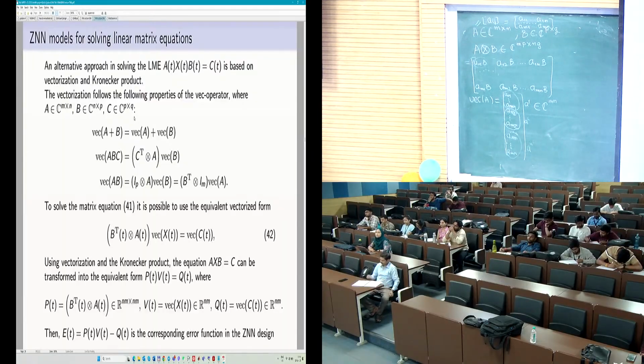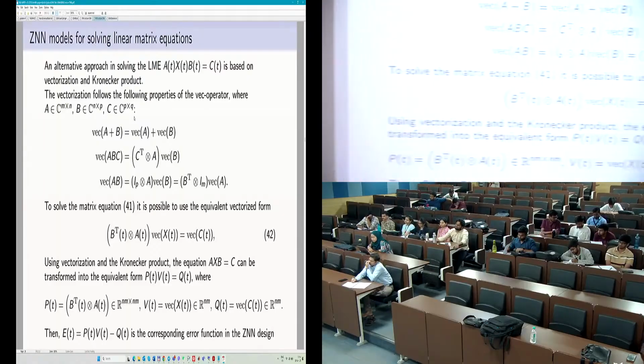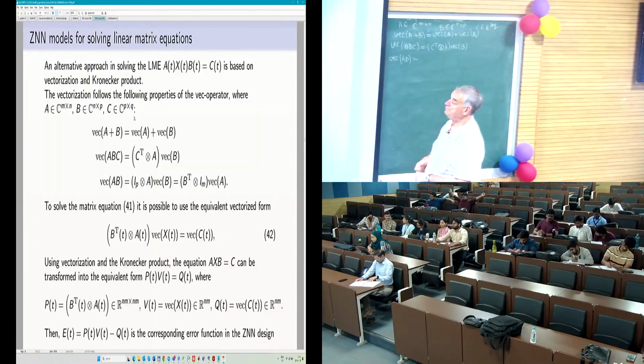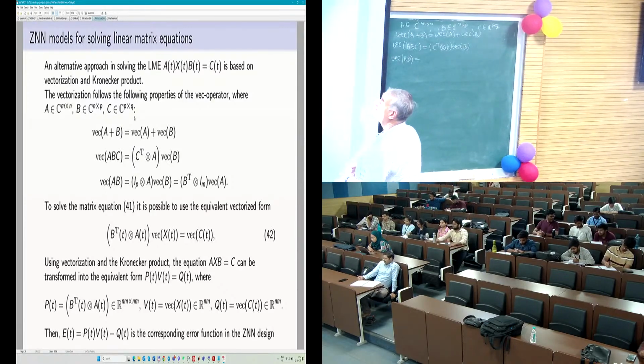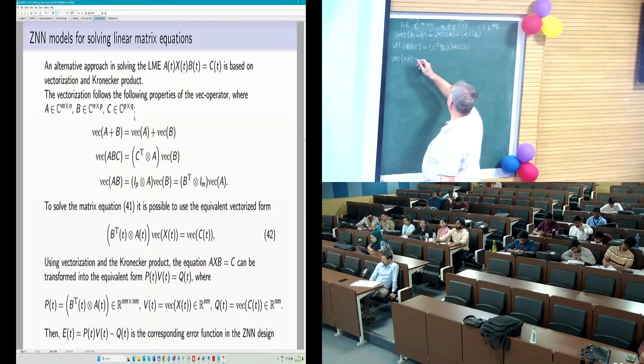We need to observe dimensions first. A is a matrix of order m times l, B is of order n times p, and C is of order p times q.